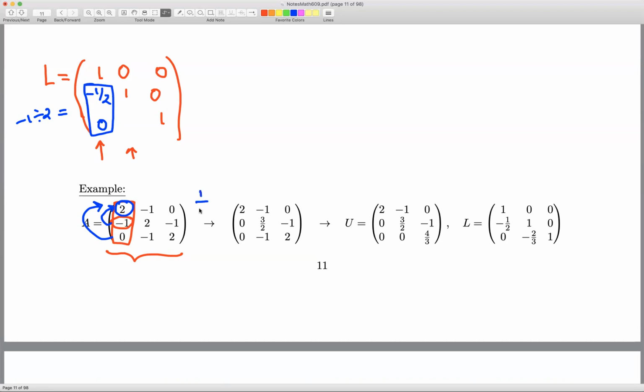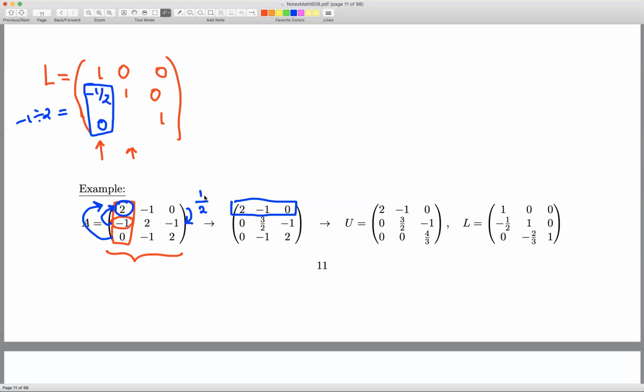We multiply by 1/2 the first row and add it to the second row. And we keep the first row as is. Then we know that when we do that, this element will be 0. Minus 1 times 1/2 plus 2 will give us 2 minus a half, which will give 3/2.